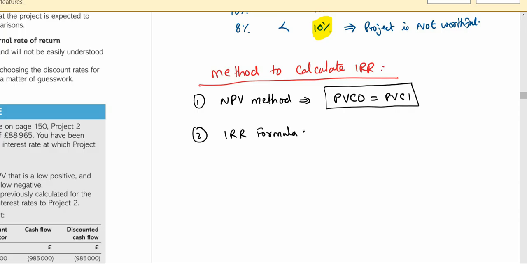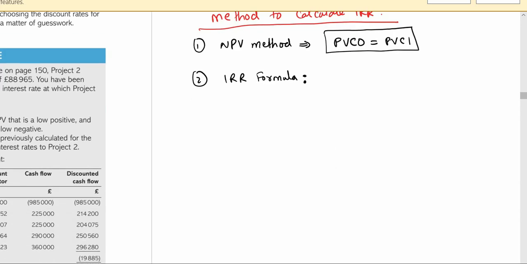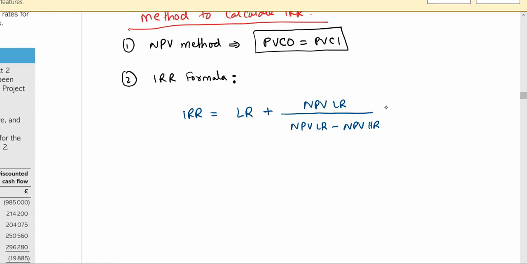What is the formula to calculate IRR? IRR is equal to the lower rate, LR, plus the net present value at lower rate, divided by net present value at lower rate minus net present value at higher rate, multiplied by higher rate minus lower rate.